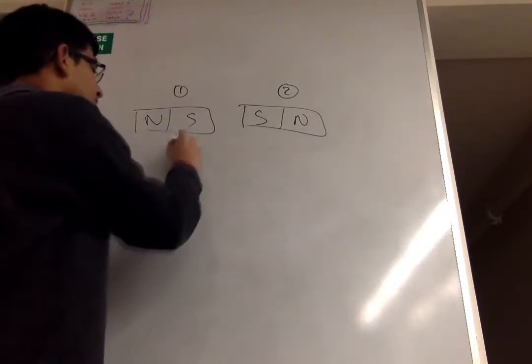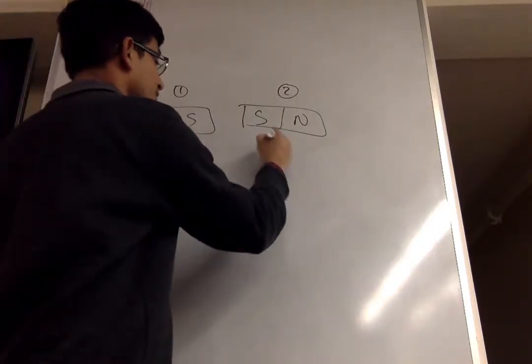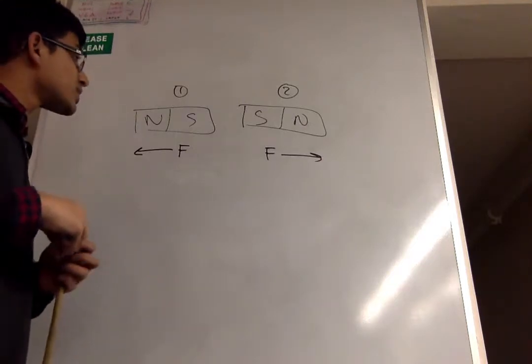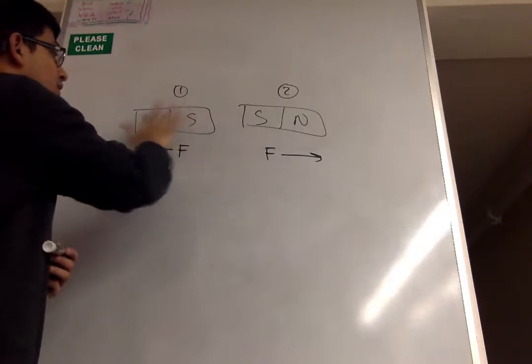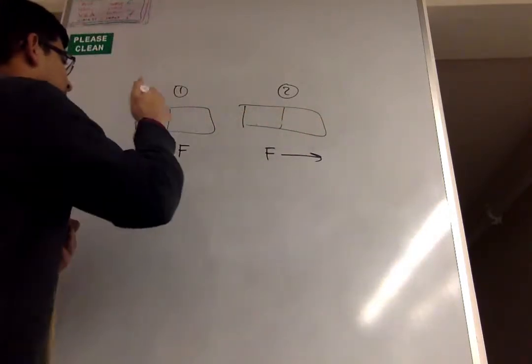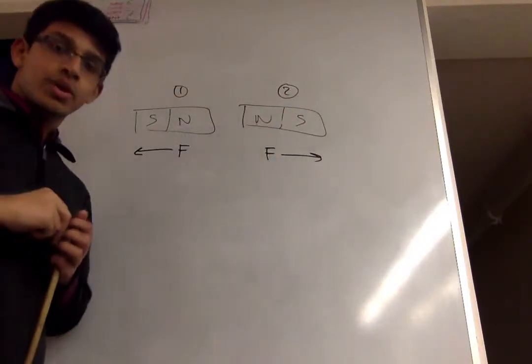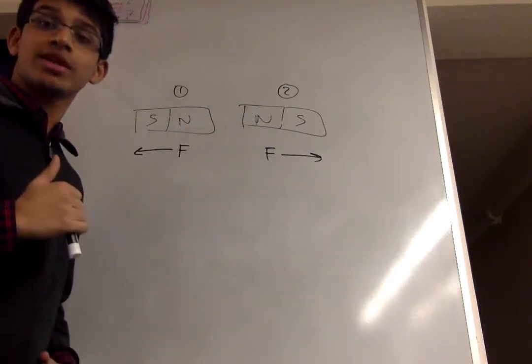So again, we'd have a force F, but instead it'll be directed outward for magnet 1, and a force F directed outward for magnet 2. And this would still be the case if instead of the South poles facing each other, we had the North poles facing each other like this. In other words, when you have like poles facing each other, there's going to be a repulsive force exerted on the magnets.